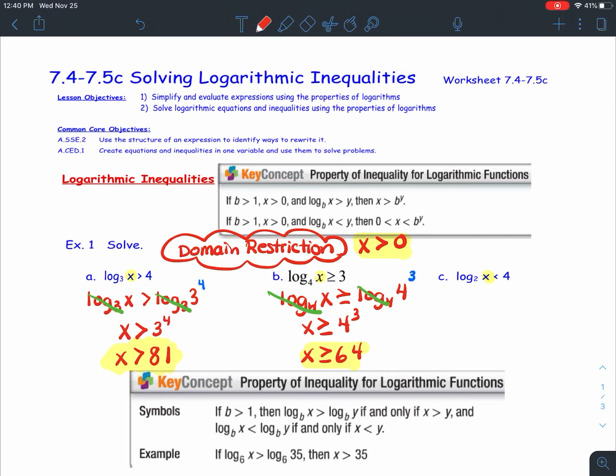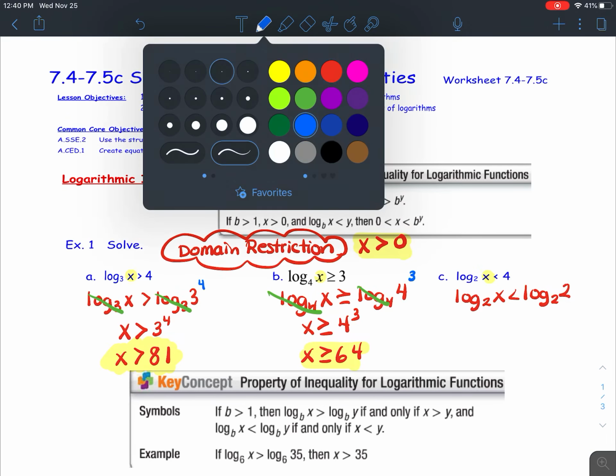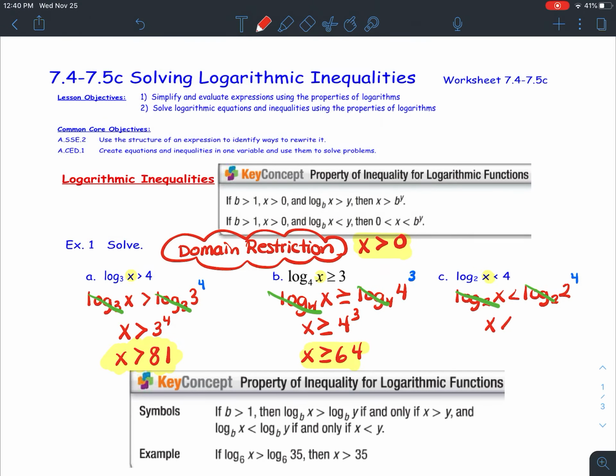All right, now let's look at this next one. It's going to be a little bit different here. I'm going to turn the number 4 into a logarithm. Again, 4 is going up there. I'm going to do the one-to-one property. That leaves me with x is less than 2 to the 4th, or in other words, x is less than 16.